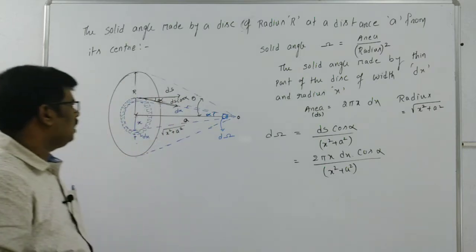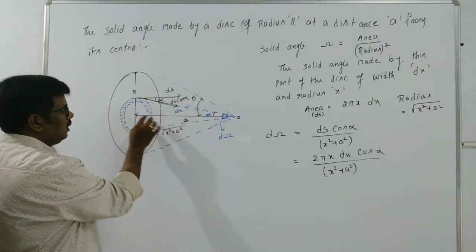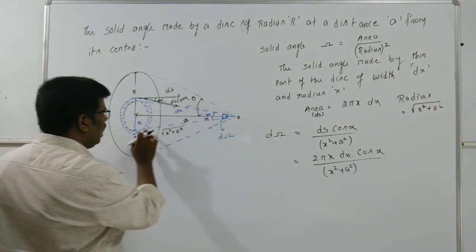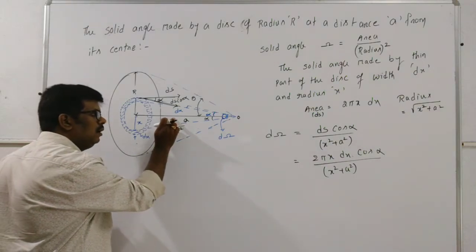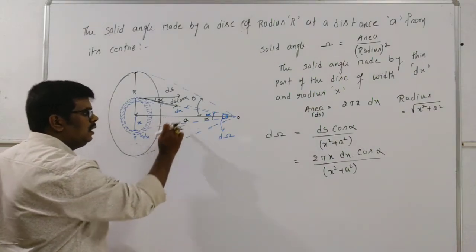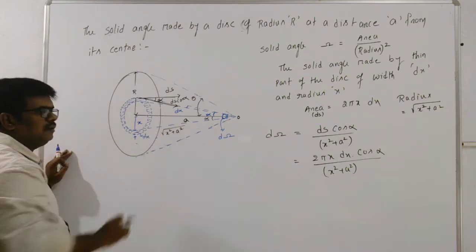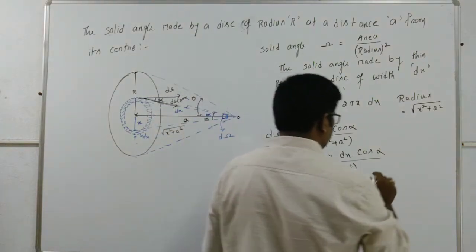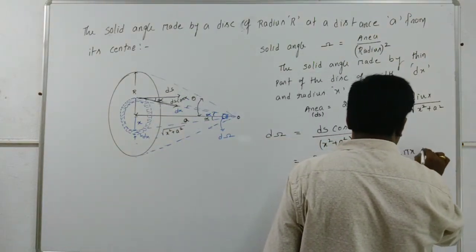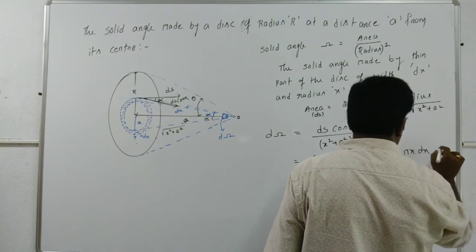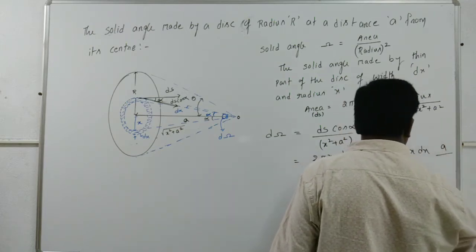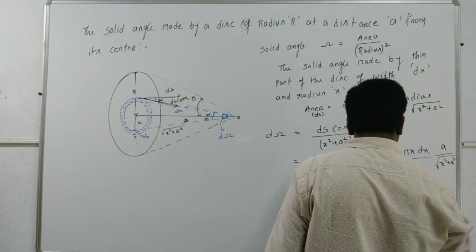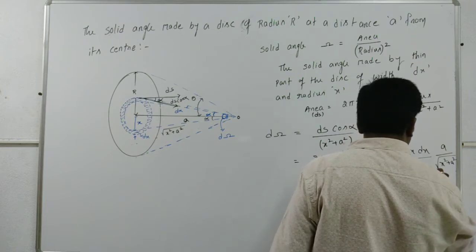Cos alpha you can write as adjacent side, that is a, by hypotenuse, that is under root of x square plus a square. So if you take that, you can write 2 pi x into dx, cos alpha in the sense adjacent side a by under root of x square plus a square, and here we have x square plus a square.